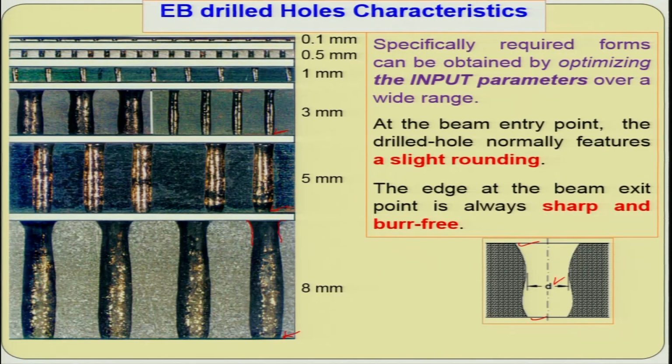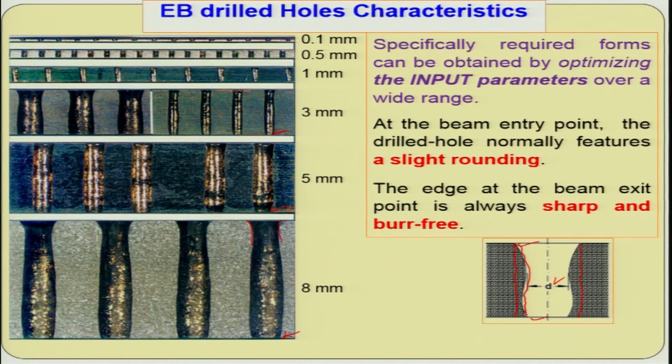Now, one important thing that you have to note here is that you are not getting a straight sided hole, which is many times needed, because the kind of hole that you are going to get in electron beam machining may not fulfill your purpose in many applications.